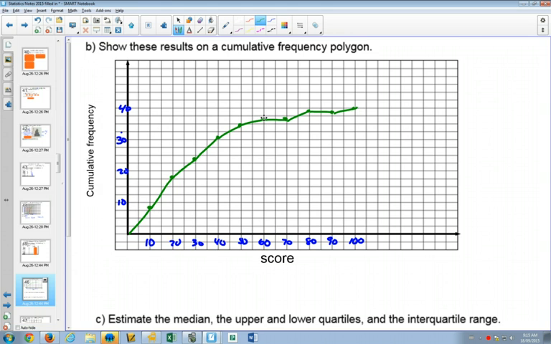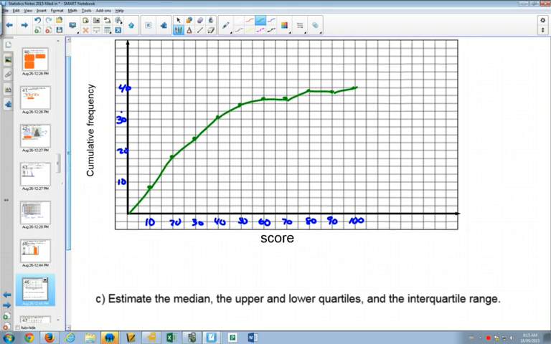What value would I go to if I wanted to estimate the median? And quartile 1 and quartile 3. 20 for the median.